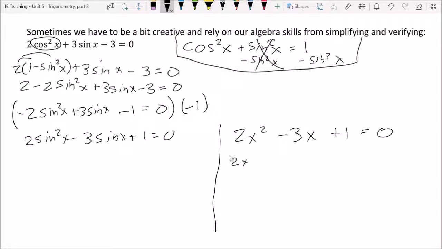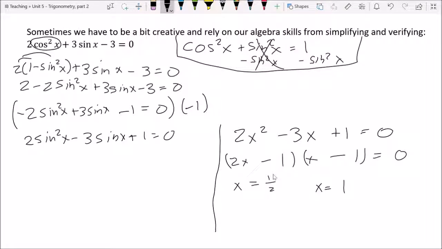I'm going to need a 2x and an x to multiply together to be 2x squared. That's a 1, so these both have to be 1s, and they have to add together to be something negative, so if they're both negative, that would satisfy that. And then, if I needed to solve this, how would I do it? I'd get a 1 right here, and then on this side, I would add 1 and divide by 2, so I would get x equals 1/2, and I would get those two solutions.